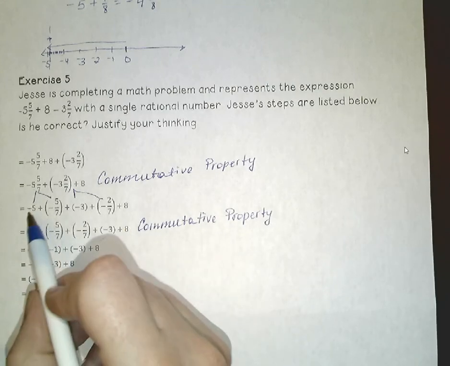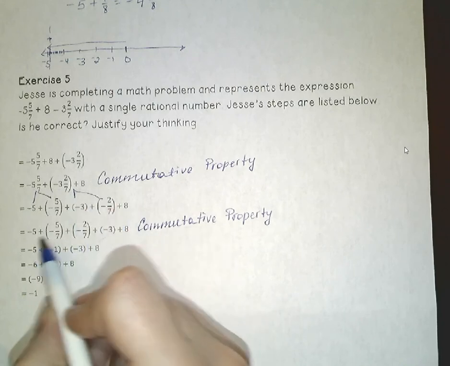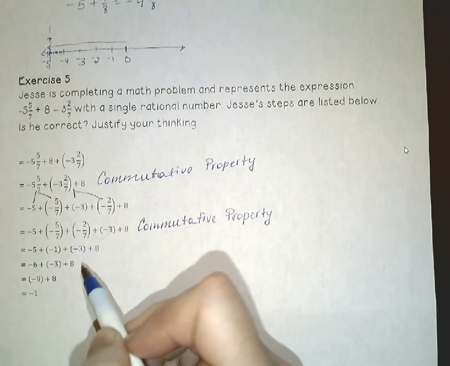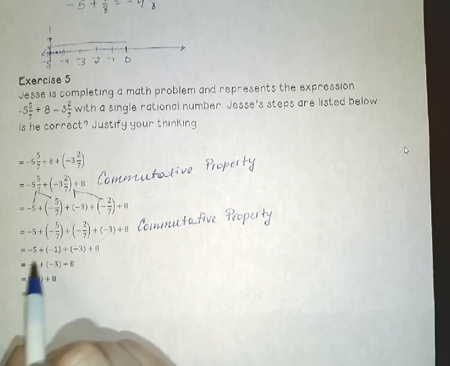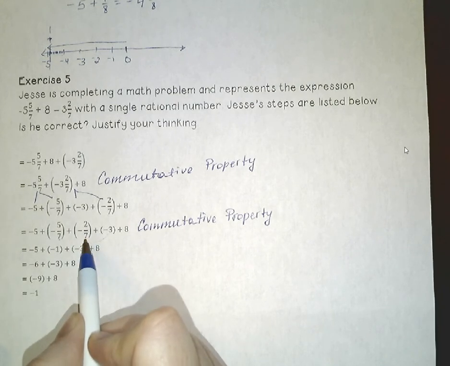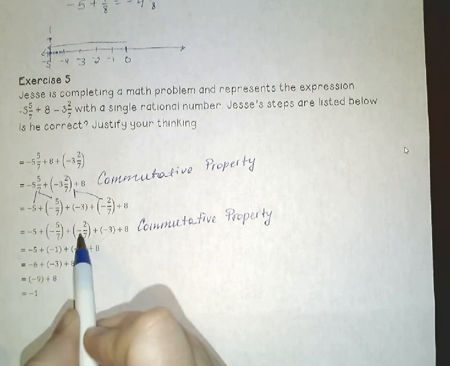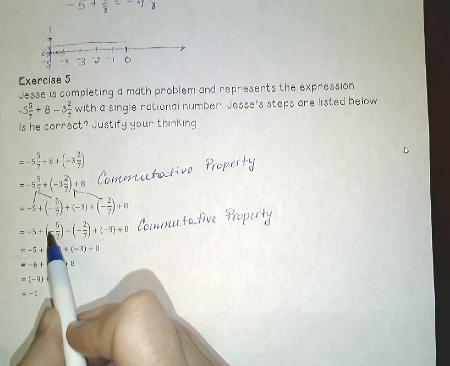He decomposed negative 5 and 5/7, negative 3 and 2/7, and he just moved numbers around. Nothing wrong with that. Now, it looks like he's combining negative 5/7 and negative 2/7. Because both fractions have the same sign, we just add the numbers and keep the sign.